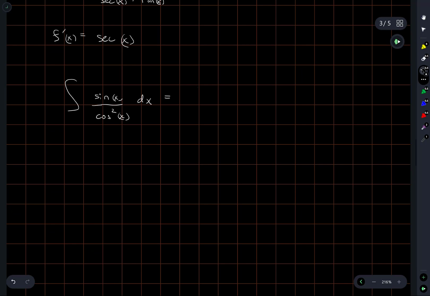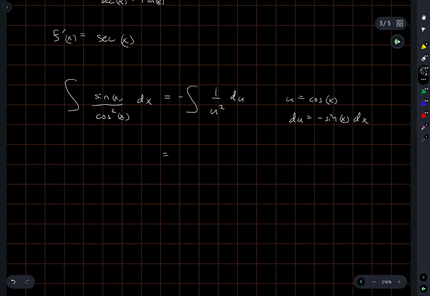This is the integral of 1 over u squared du, negative sign, where u is equal to cos x, and so du is equal to negative sine x dx.